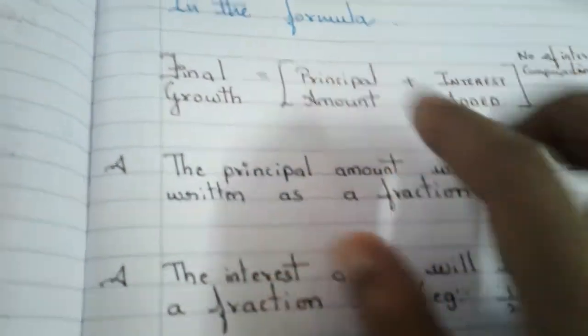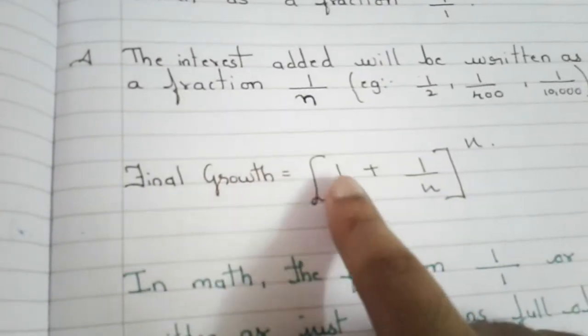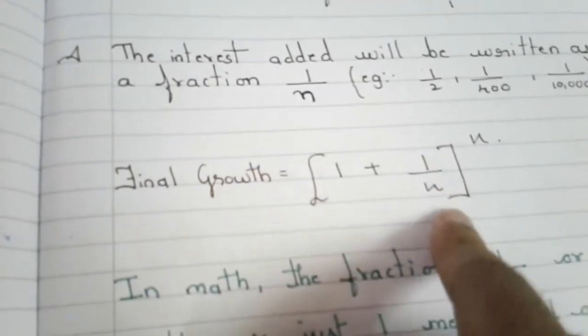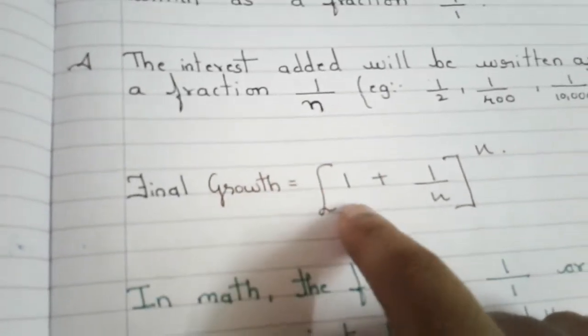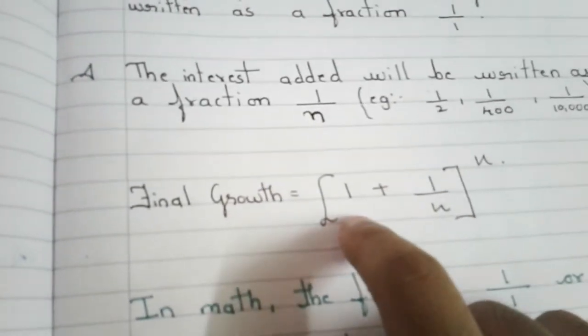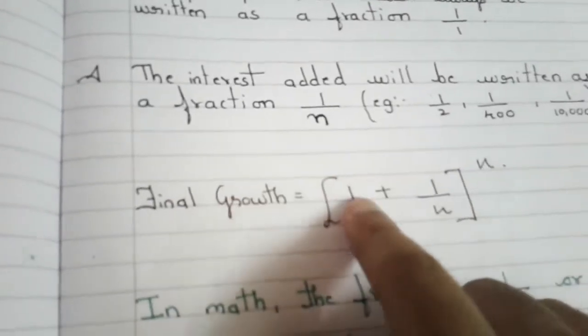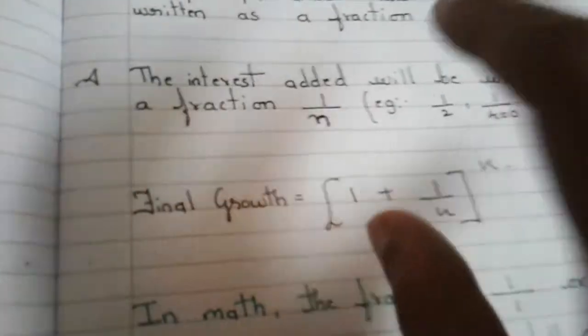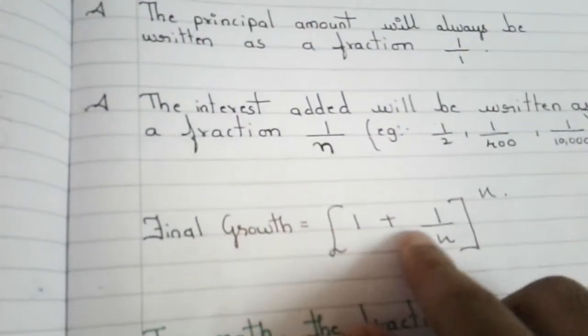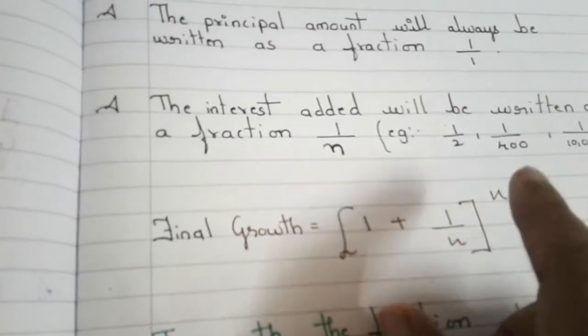No. In the formula, the actual formula of final growth is like this: 1 plus 1 by n raised to n. The 1 here is not $1. It's not necessarily $1. It can be $3, it can be $4, but 1 actually means full of full. That is the $3 kept as it is. And to the $3 kept as it is, 1 upon n is added.